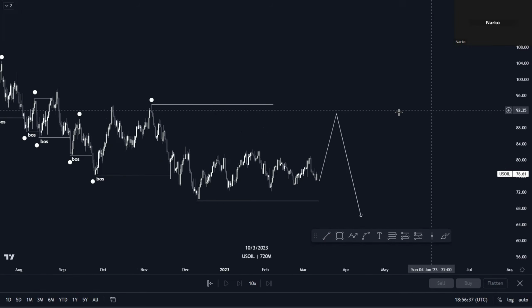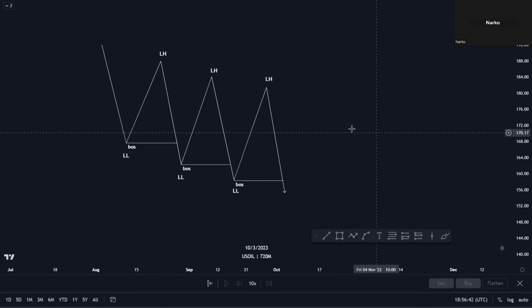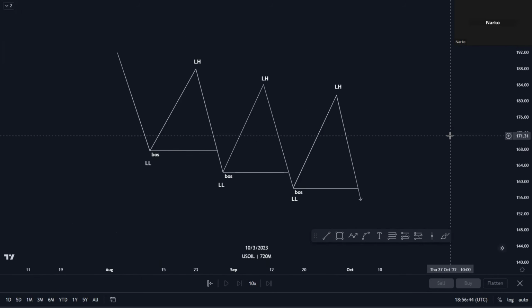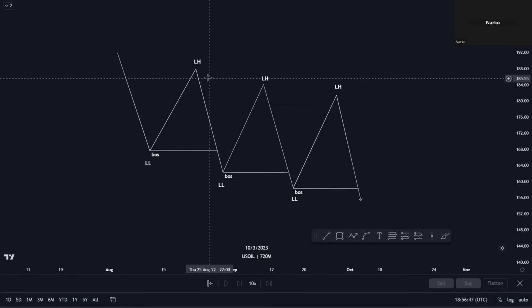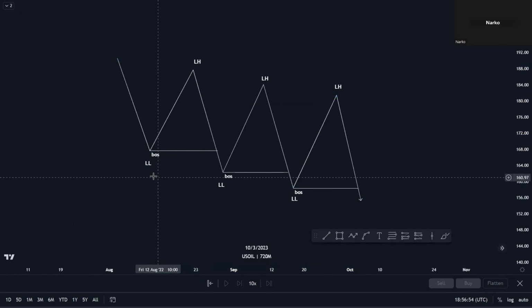So, just a quick recap: the properties and rules of a bearish trend are that we'll be looking for a structure like this, whereby we are respecting our lower highs and creating our lower lows, violating our previous lower low and respecting our previous lower high.